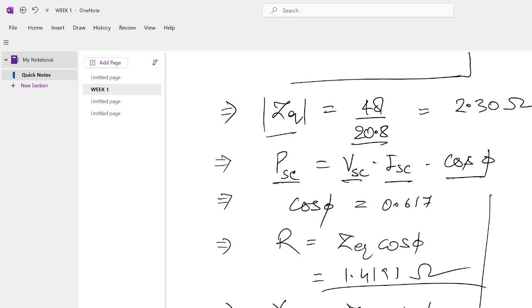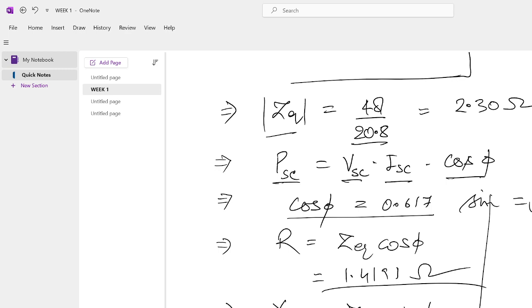Sir, I got 1.5663 ohm for the value of X. No, it is wrong, you have calculated somewhere wrong. Cos phi is 0.617, so sin phi will be the square root of 1 minus cos squared phi.